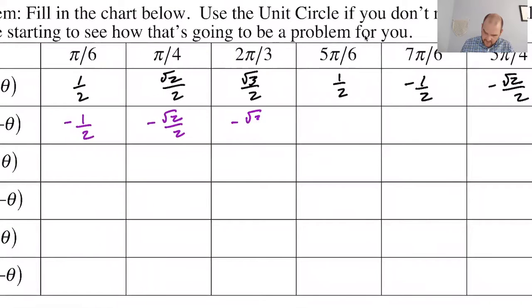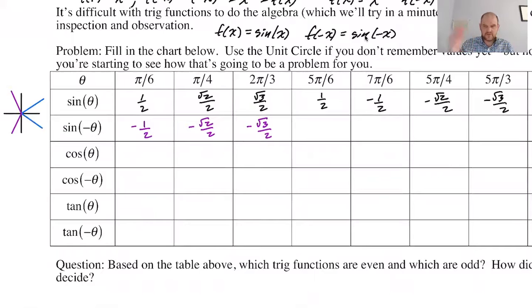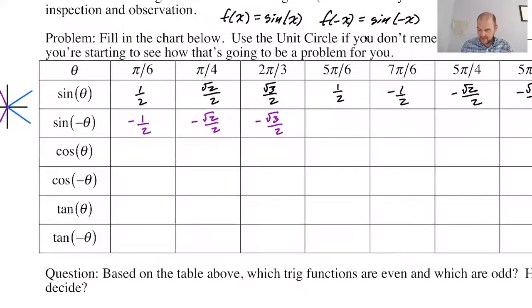Sorry, I think I said quadrant 4 a lot on the last one; I meant quadrant 3. 5 pi over 6 is quadrant 2. Sine is positive. The negative of 5 pi over 6 puts you in quadrant 3, where sine is negative, so this will be negative 1/2.